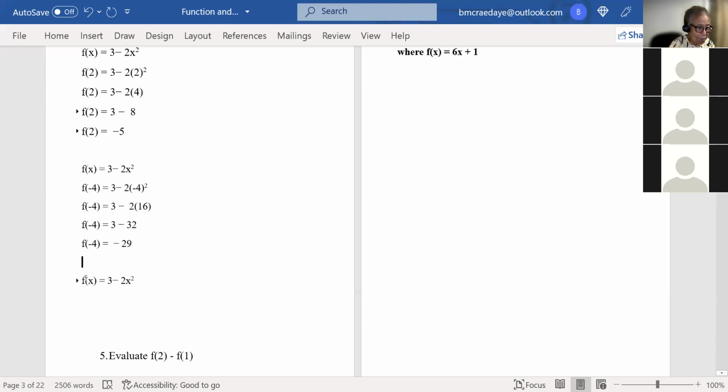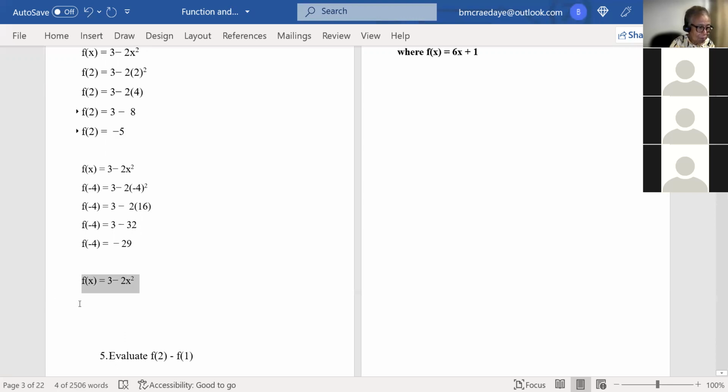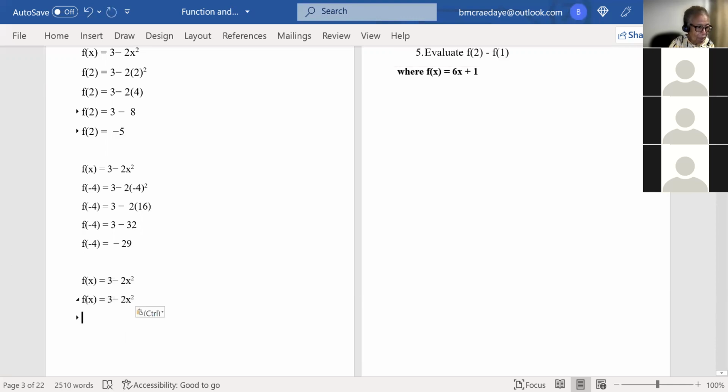So this is F of 3T. So put the 3T here, and for the X, you're going to put a 3T.